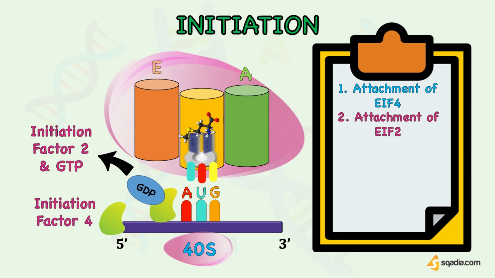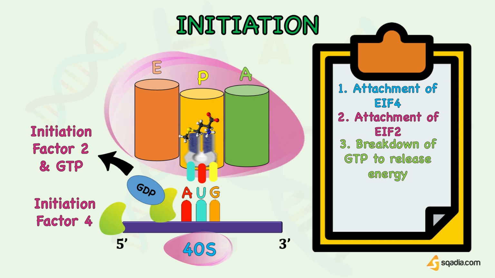Then there will be an attachment of eukaryotic factor 2. It will stick to the AUG sequence and have GTP for energy. When GTP will be broken down, it will form GDP and will release energy. This energy will produce methionine molecules at transfer RNA inside the 60S subunit of ribosomes.